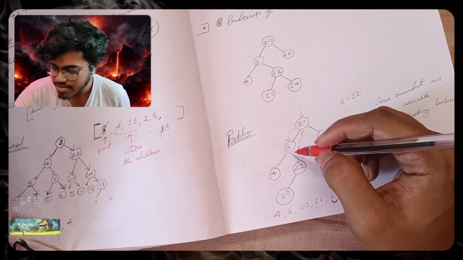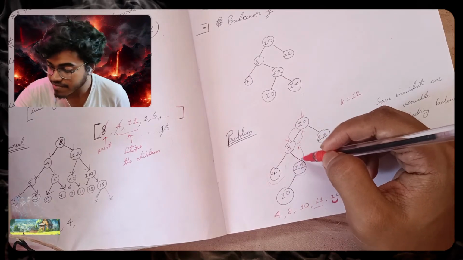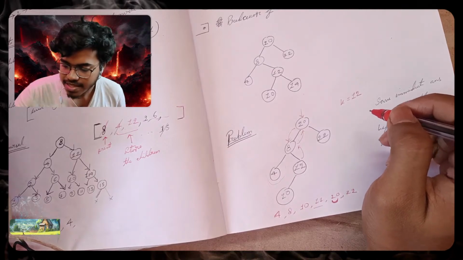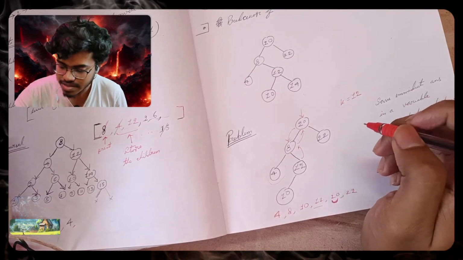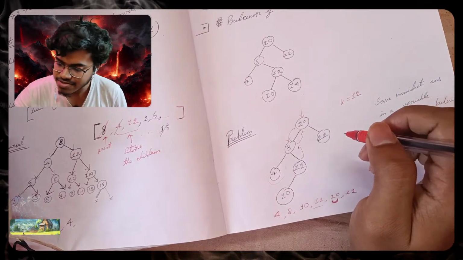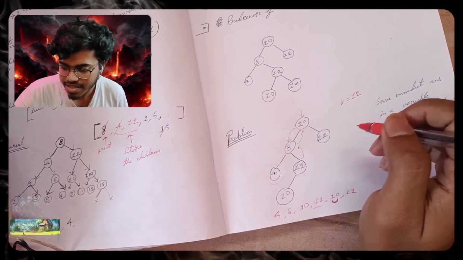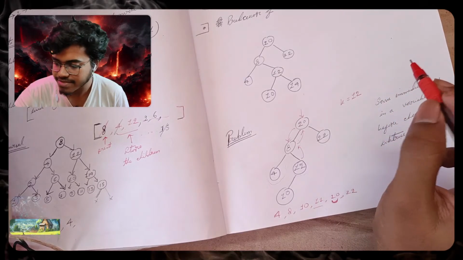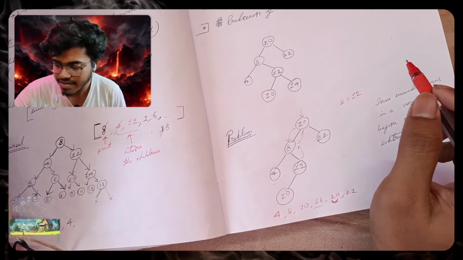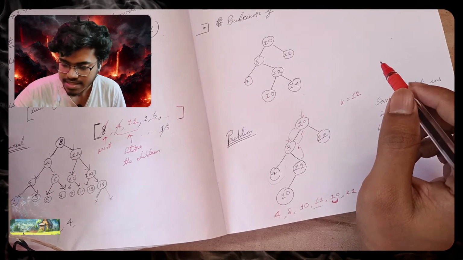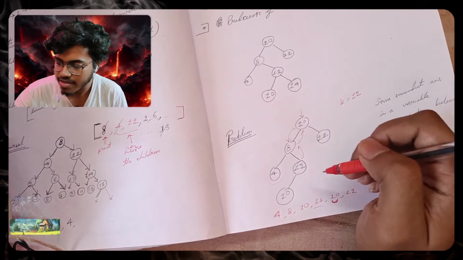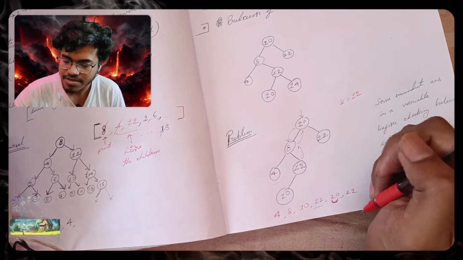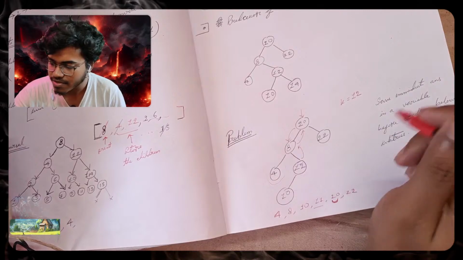Okay, so we have come to 12, and in 12 we ask, hey, are you greater than 12? In 12 we say, no, I'm not greater than 12, I'm equal to 12. So when it says that yes, it is equal to 12, then it is inevitable that we have found the key. Once we have found the key, do we need to check any further?